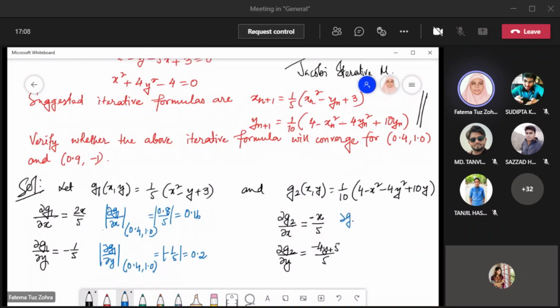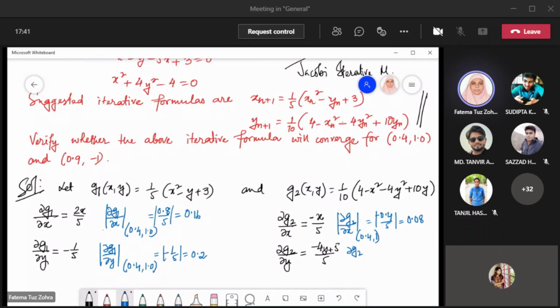Next ∂g2/∂x at the point (0.4, 1), so 0.4 minus 0.4 by 5, the value is 0.08, the negative sign will be omitted.